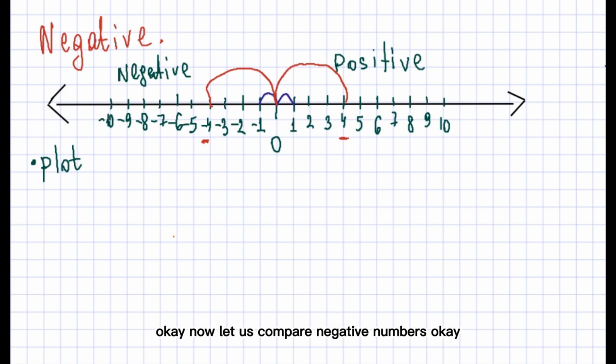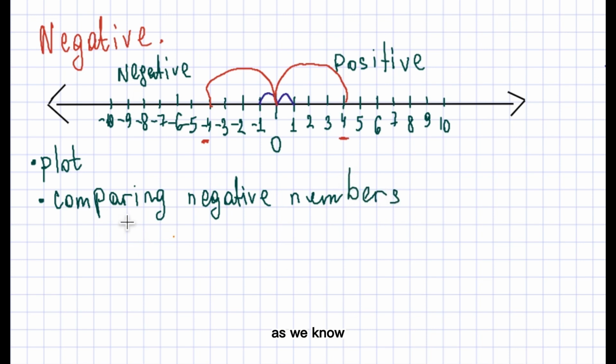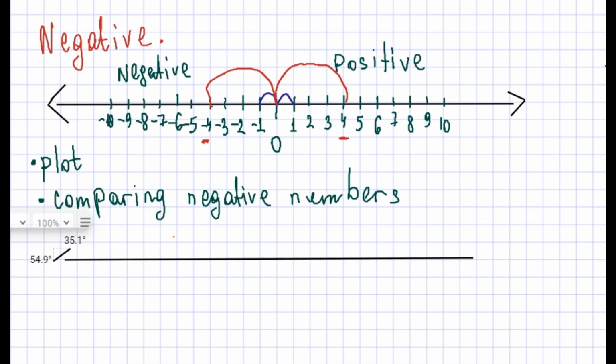Okay, now let us compare negative numbers. Again, we'll draw a number line. It is important to show arrows, to show geometrically that this is a line.